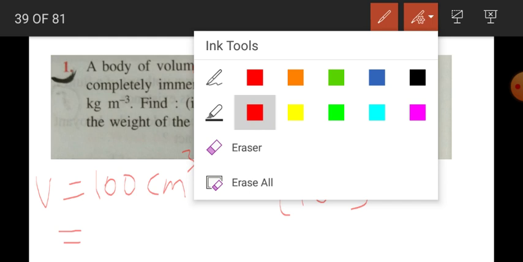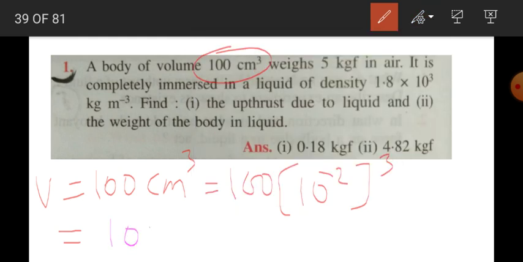Now this is going to be 100, and this becomes 3 × 2, that is -6, right? So if I solve it this will be 10⁻⁴ meter cube. So 100 centimeter cube means 10⁻⁴ meter cube. Okay, I have got the volume.